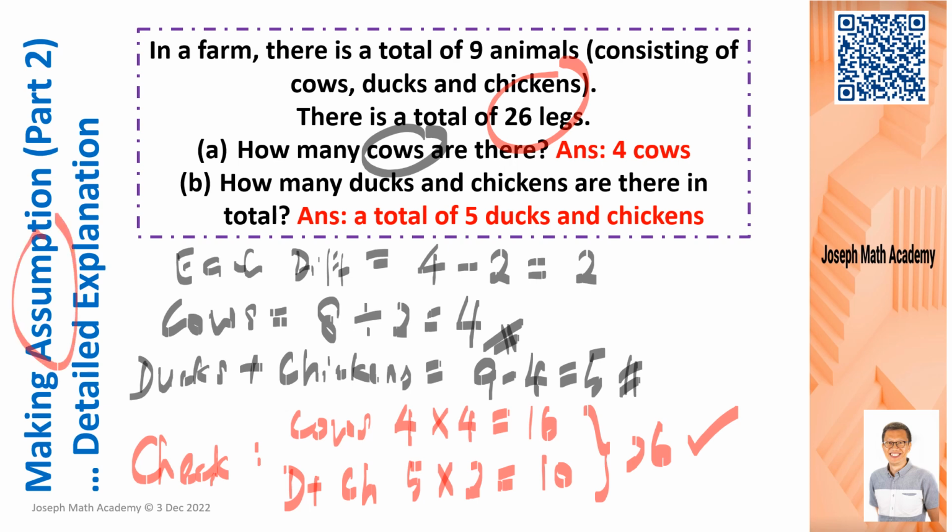Remember, the assumption method is always about a set of two quantities and their respective values. It must be two quantities or two categories. Then assumption will work. Don't care whether there are three different types of animals or not, as long as you can recategorize them into two big categories.